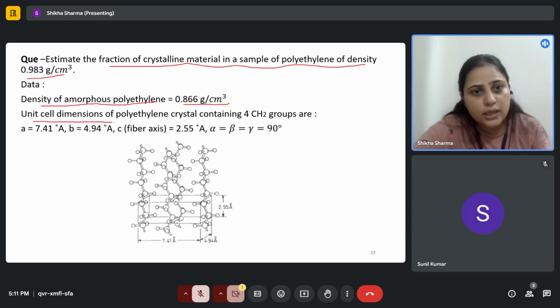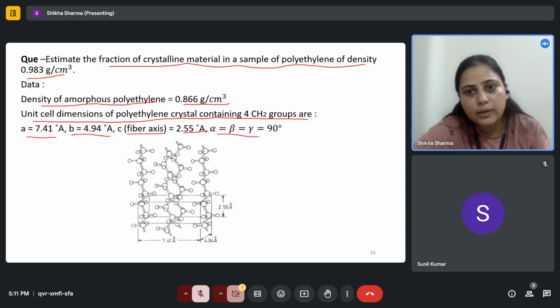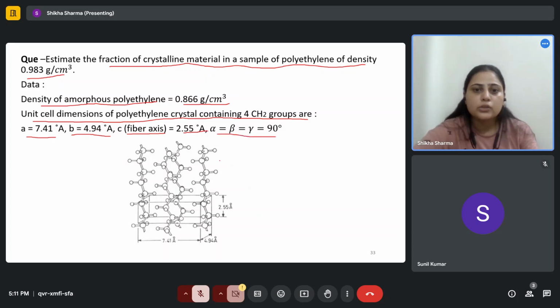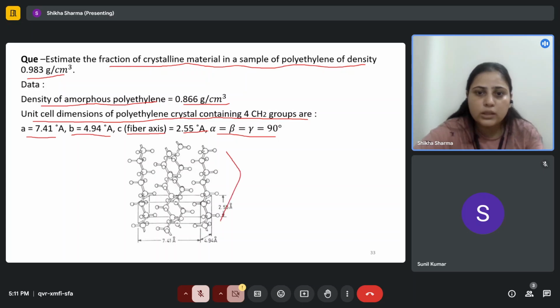The unit cell of the polyethylene crystal contains 4 CH2 groups, and the unit cell dimensions are given as A 7.41 angstrom, B 4.94 angstrom, C, which is the fiber axis, as 2.55 angstrom, and the angles alpha, beta, gamma as 90 degree. So the structure of polyethylene is below.